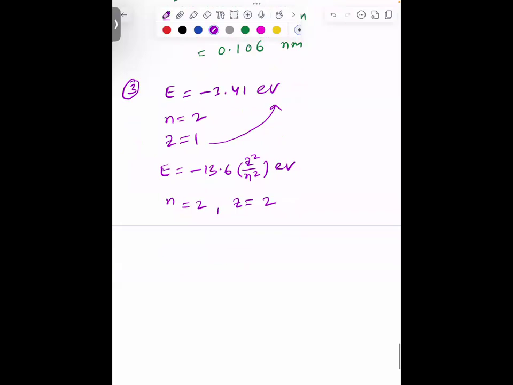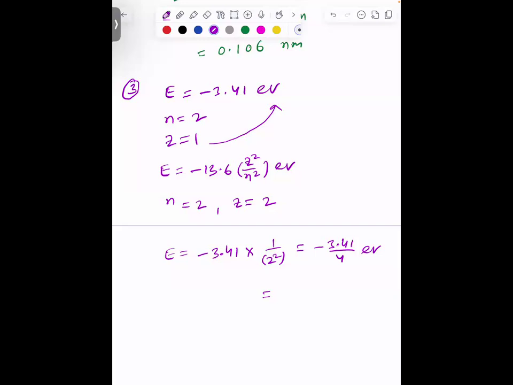Then in this case, you can write E equals minus 3.41 into 1 upon 2 square, because n is already 2. So minus 3.41 divided by 4 electron volt.